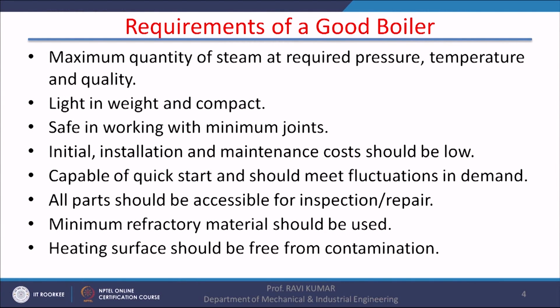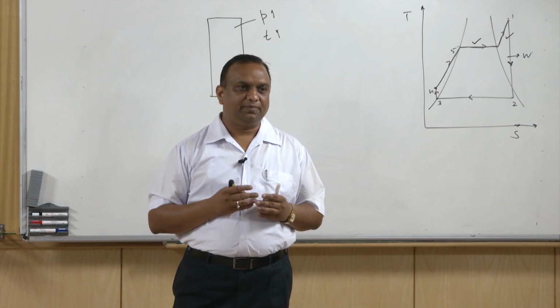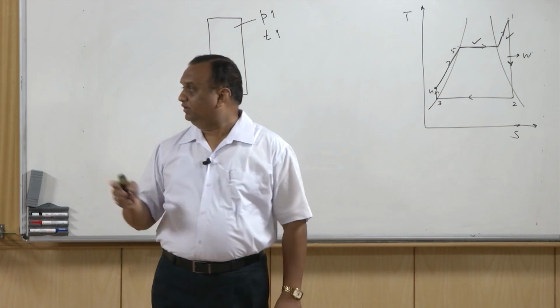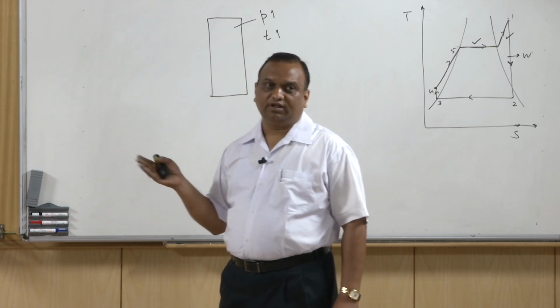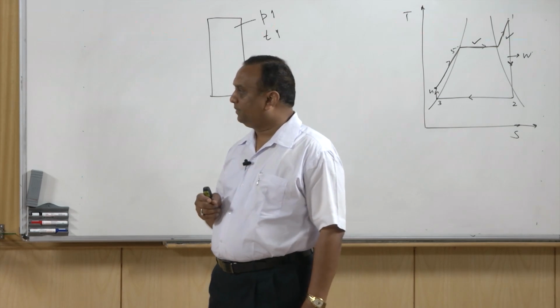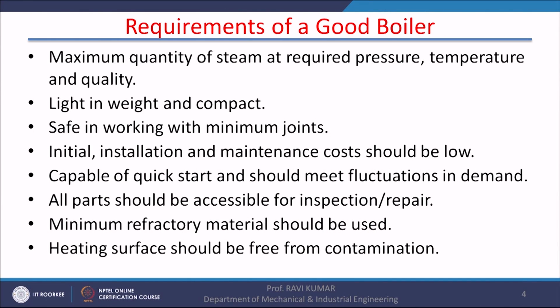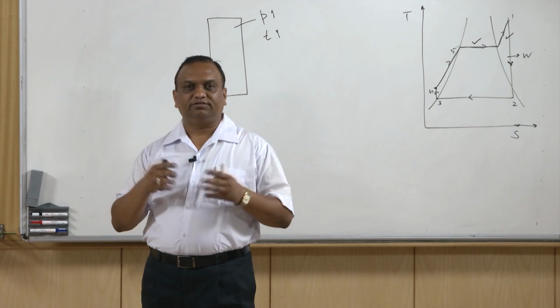All parts should be accessible for inspection and repair, because boilers are always under inspection, right. So, all the parts should be accessible for the inspector for the inspection and of course for repair as well. There should be a minimum refractory material used for the boiler, because later on in subsequent lectures I will explain to you in detail the working of the boilers.